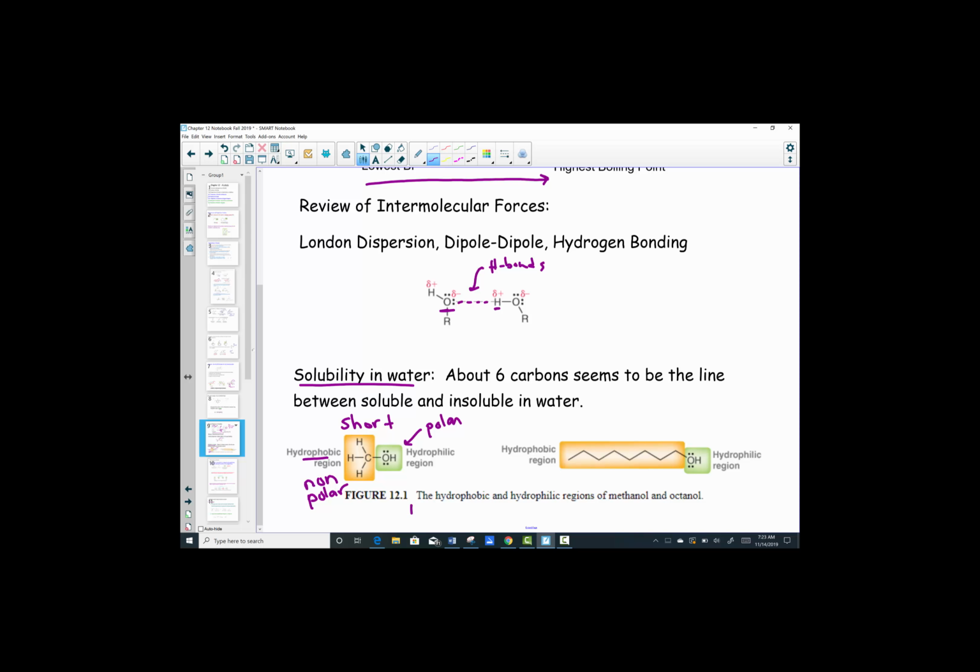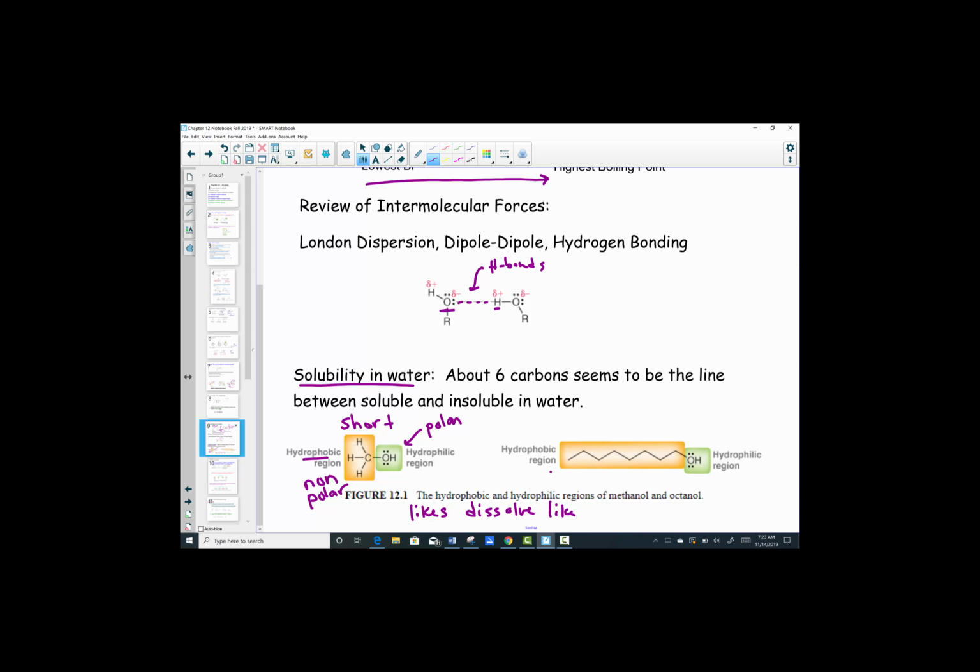Remember the solubility rule, likes dissolve likes. If I have polar, it will dissolve other polar molecules. With a short carbon chain on the alcohol, the hydrophilic region dominates, and we can have solubility. One liquid dissolves in another, and it is truly a miscible liquid.